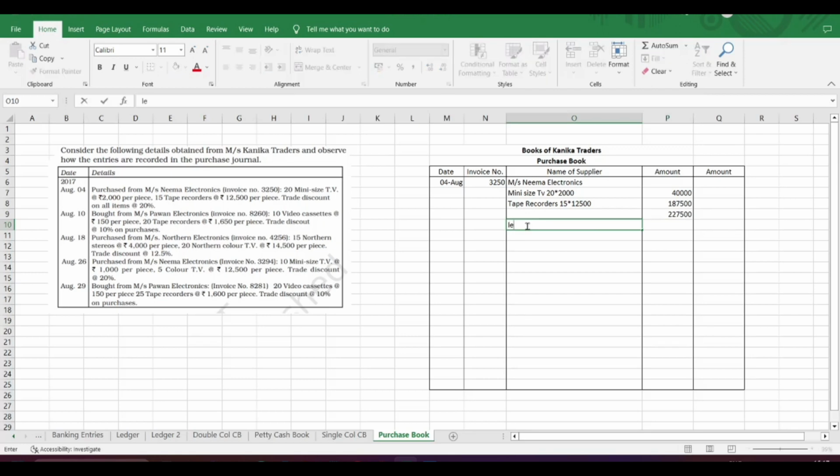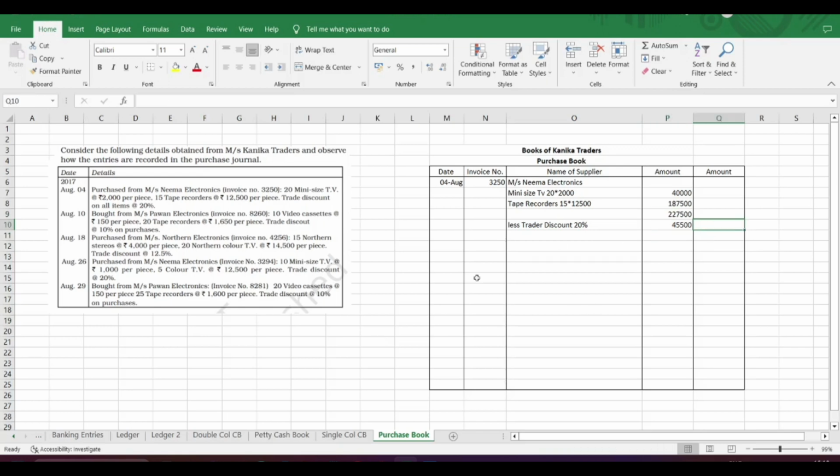From this, trade discount is to be deducted at 20%. So 227500 at 20%, 45,500 is the discount given.